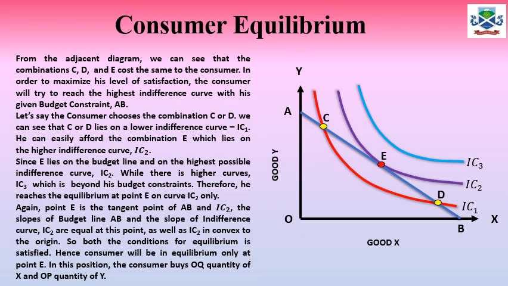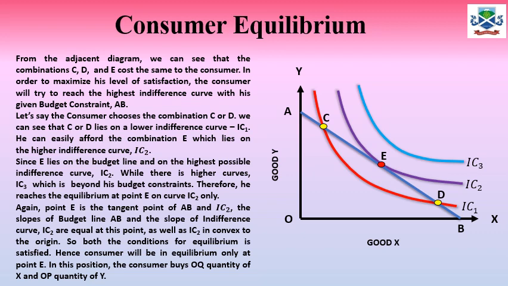The budget line intersects the indifference curves at points C, D and E. C and D are on the lower indifference curve and E is on the higher indifference curve, and the IC3 curve is beyond the budget line. That's why it is unattainable for the consumer at the present income.